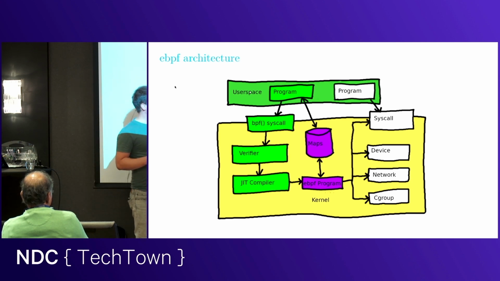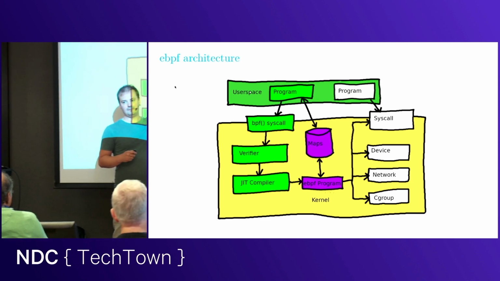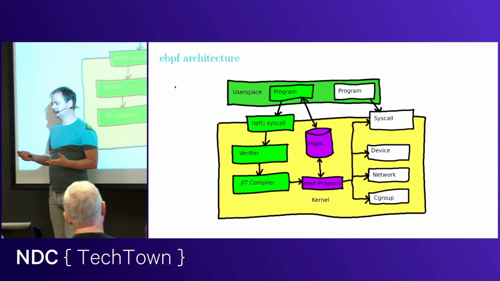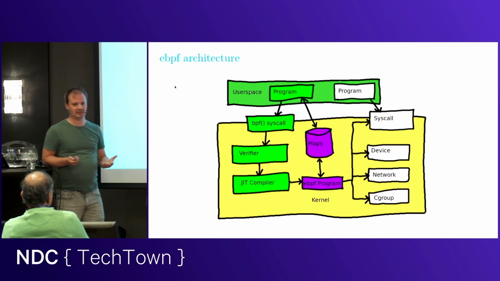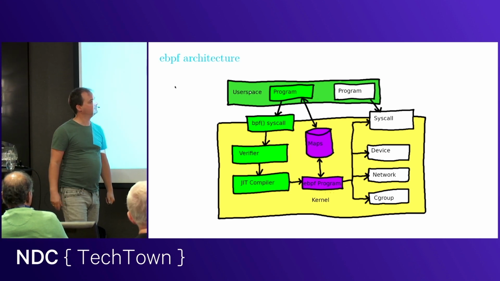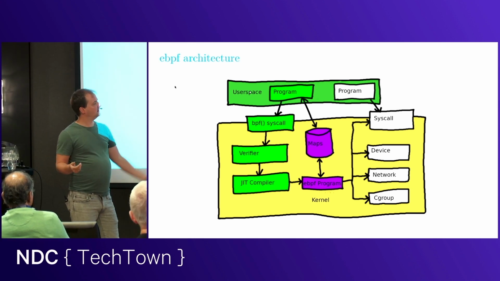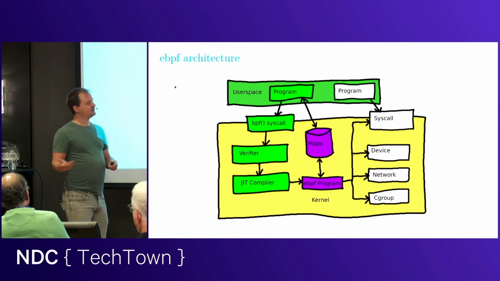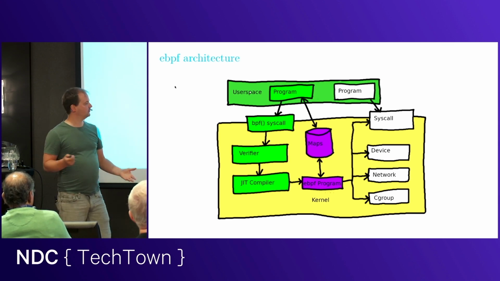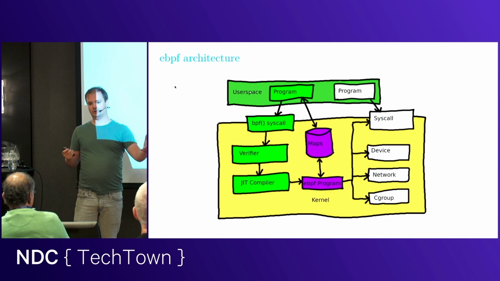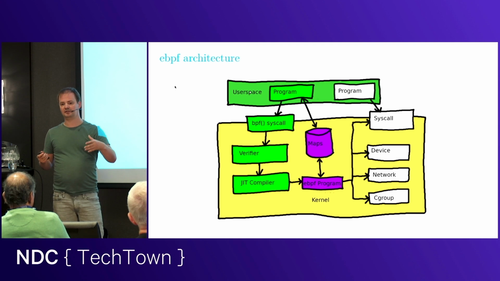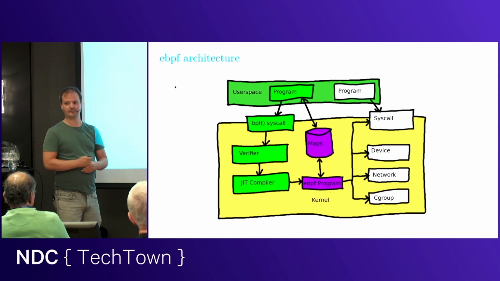Now this eBPF program is hooked into one or several of the hooks on the right here, and you can have hooks on system calls being executed. So every time someone opens a file, you can monitor that. The same with devices that are being accessed, or, like I said, networking. And you can also put an eBPF program on a Cgroup itself to, for instance, manage network traffic for that specific Cgroup.